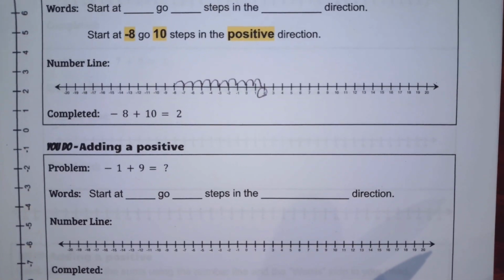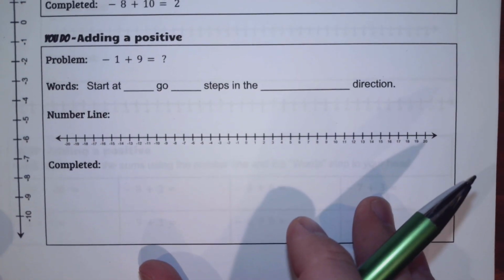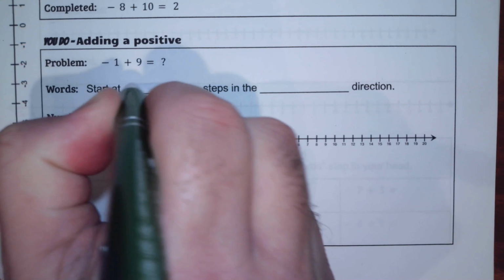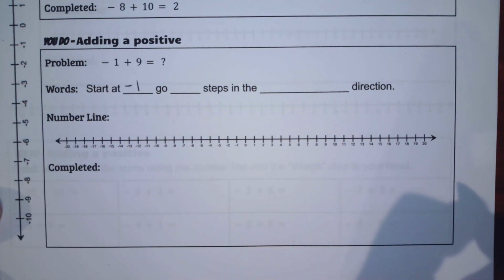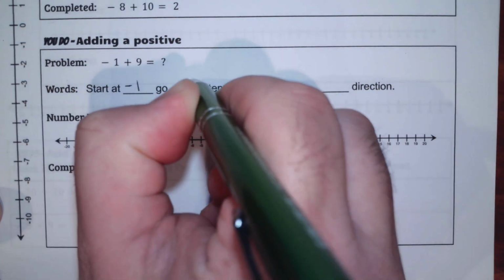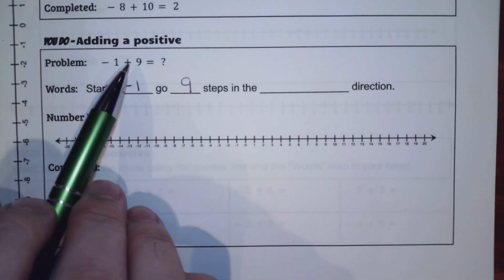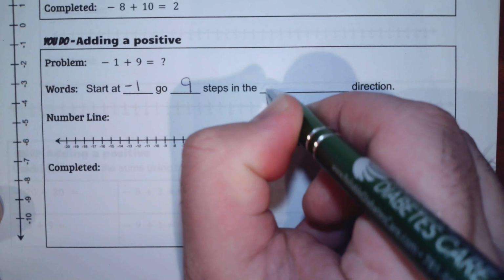Let's do a few more together. So next one we have -1 plus 9. So we start at -1 and we go 9 steps in the positive direction because 9 is positive.